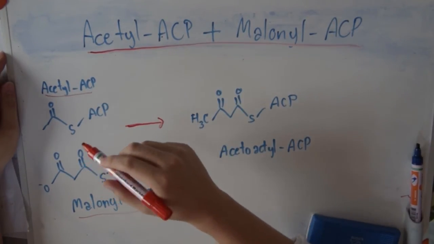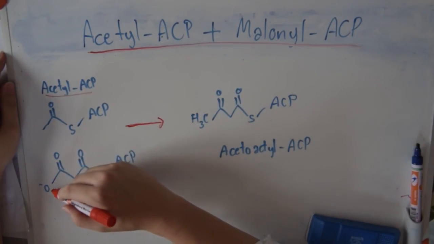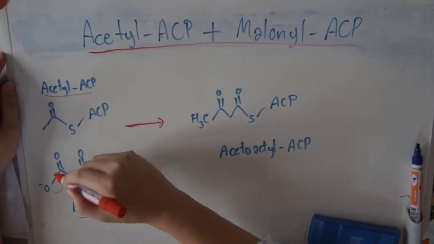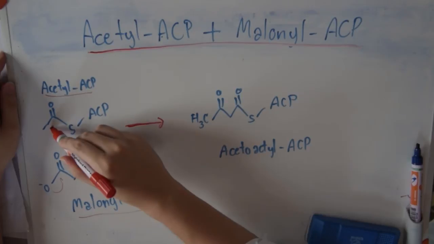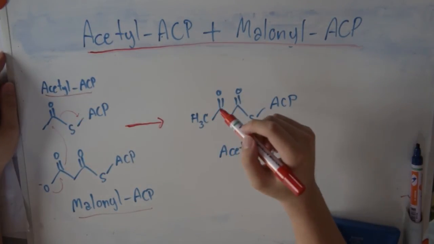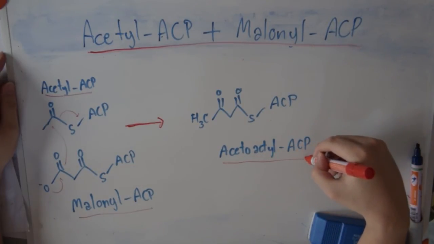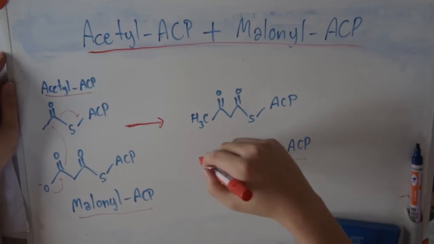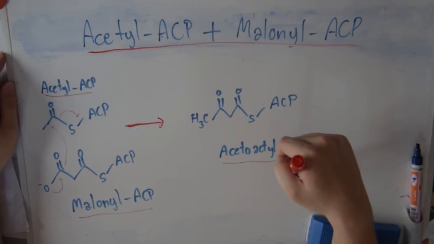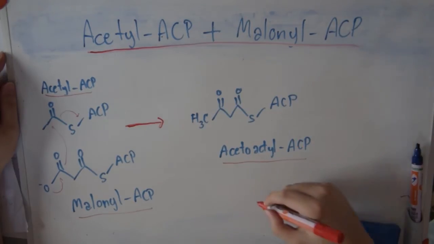So the electrons of these oxygens spontaneously shift to get the acetoacetyl ACP. Later on, this will be reduced by NADPH.